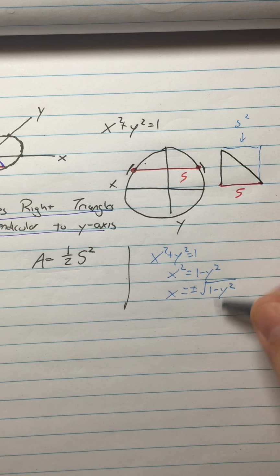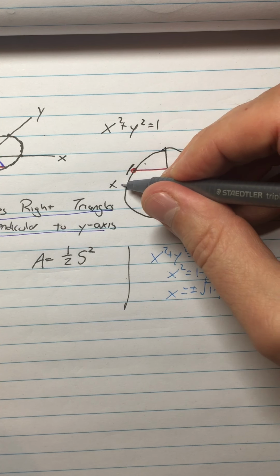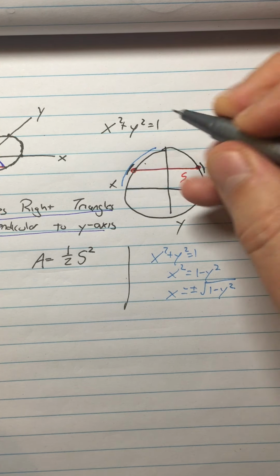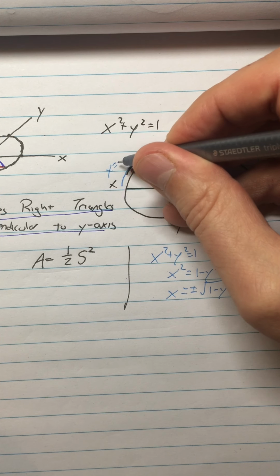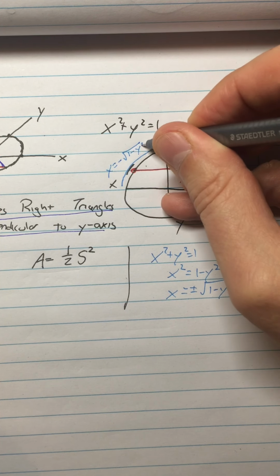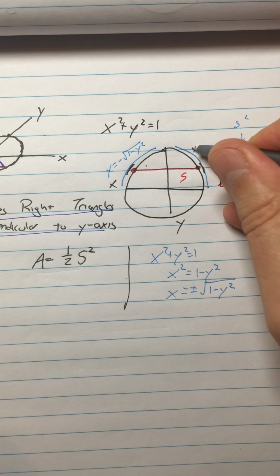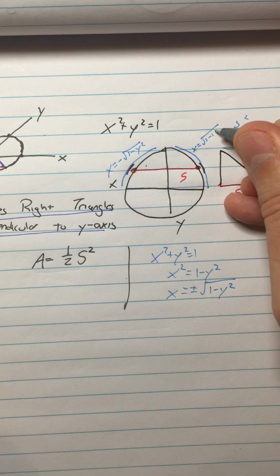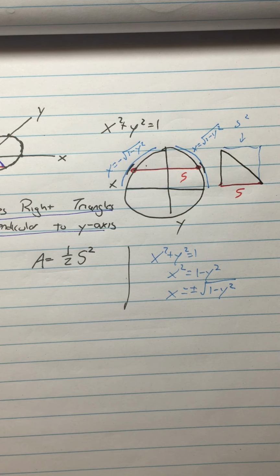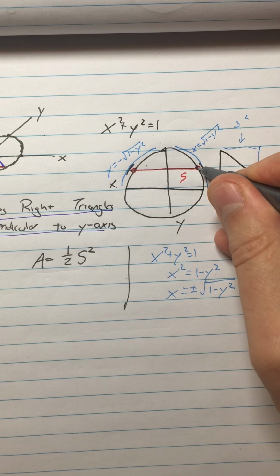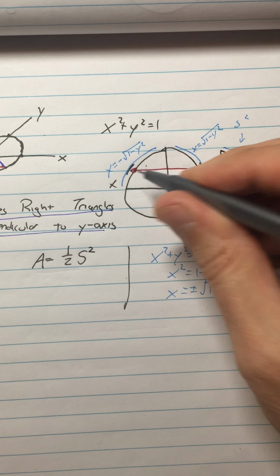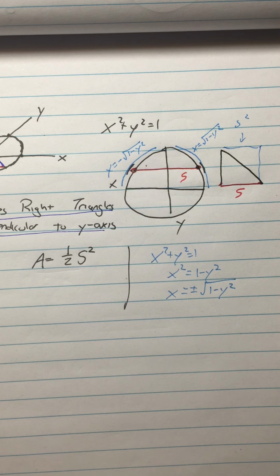This is a great example of how the plus or minus is meaningful, and I put this in a couple of the homework problems. This is the negative side of the curve over here: x equals negative square root of 1 minus y squared. This is the positive side of the curve over here: x equals positive square root of 1 minus y squared. So where does this S begin and end? It begins at the positive square root of 1 minus y squared and ends at the negative square root of 1 minus y squared.